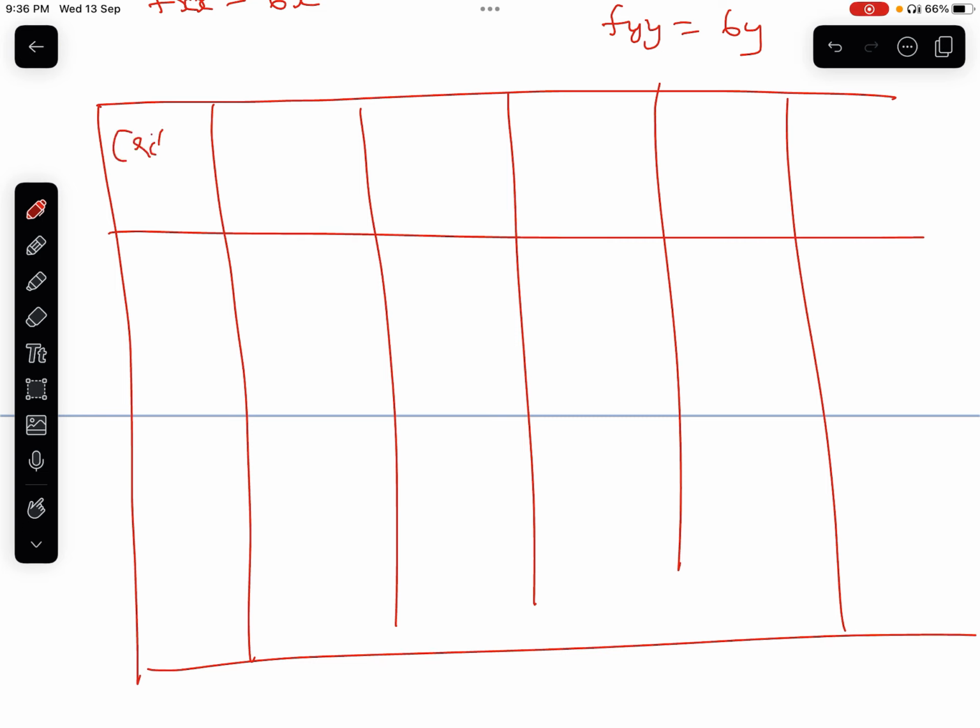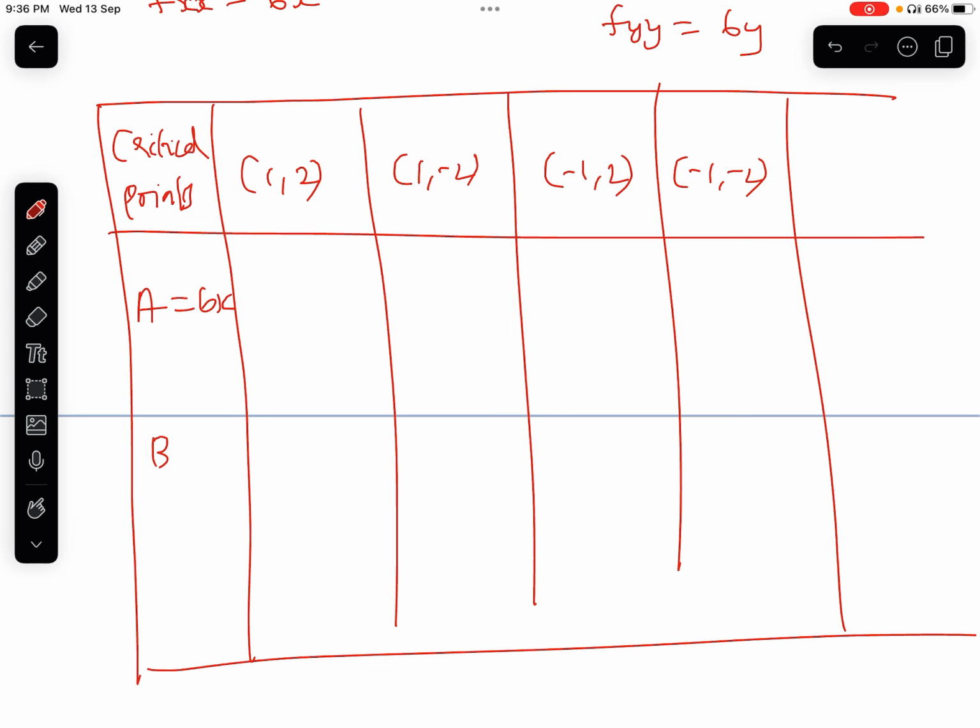So these are the critical points: (1, 2), (1, -2), (-1, 2), and (-1, -2). Therefore a is equal to 6x, which we got, and b is equal to 0.